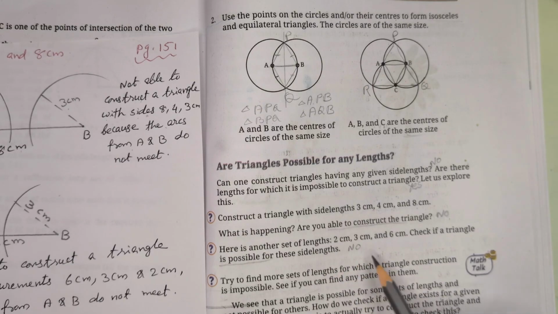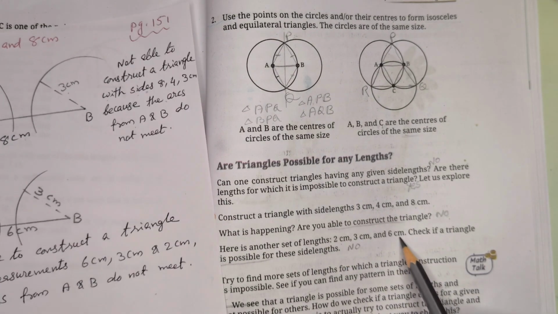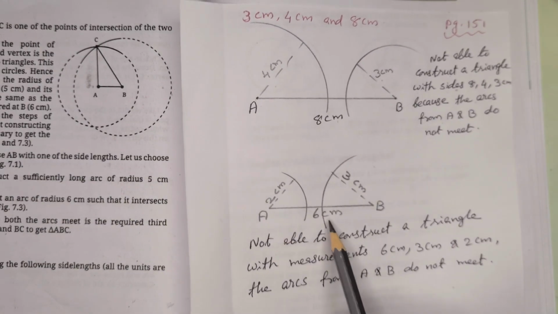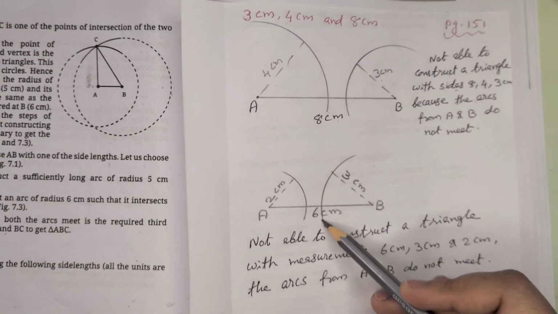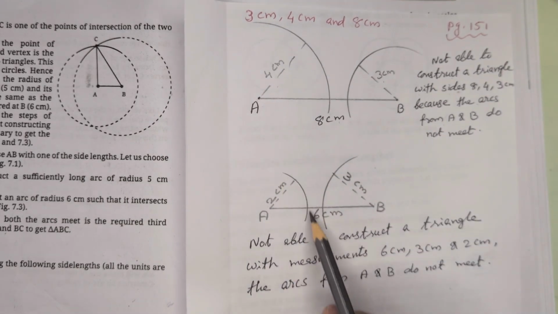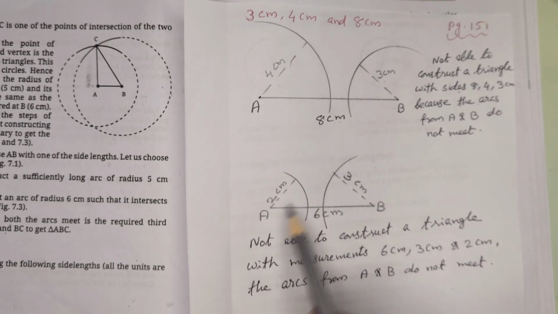Again, another set of lengths: 2 cm, 3 cm and 6 cm. We can try the same way. AB is equal to 6 cm. From B, with 3 cm radius, draw an arc. From A, with 2 cm radius, draw an arc. There is a gap in between. It's not intersecting.